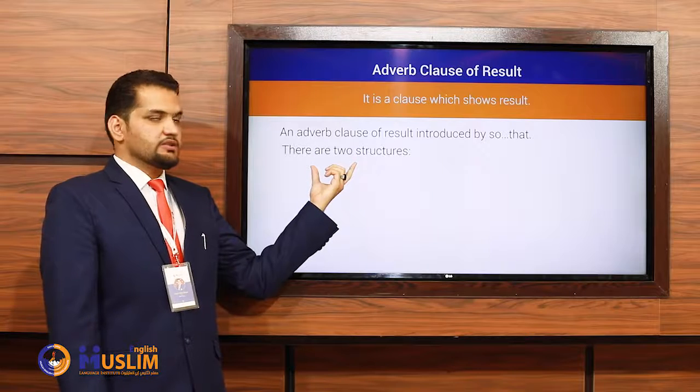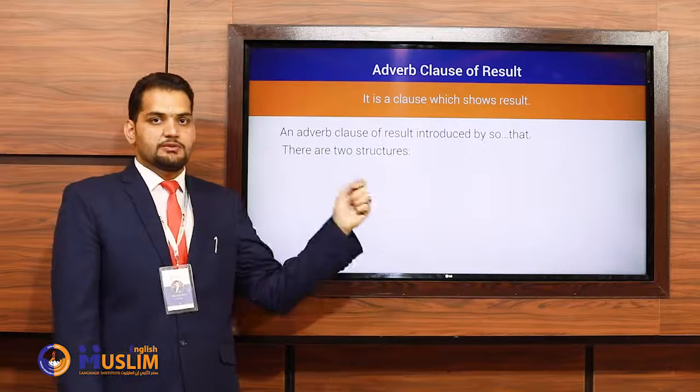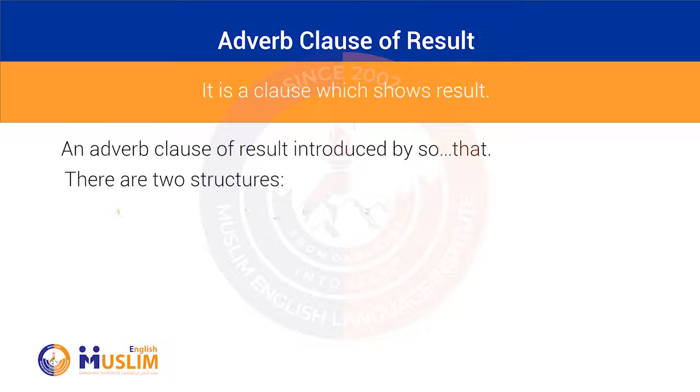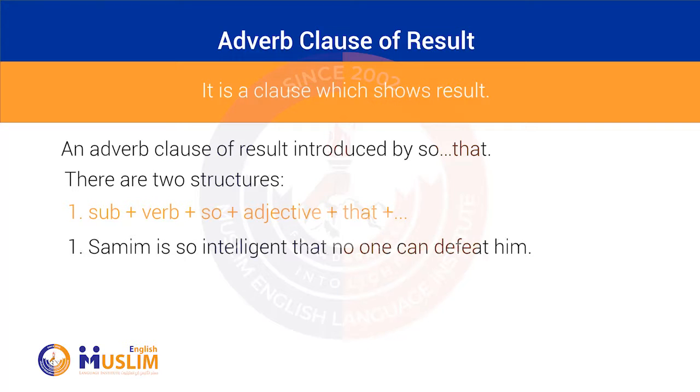There are 2 structures for an adverb clause which is introduced by so that. Number 1. Subject plus verb plus so plus adjective. An adjective is used between so and that, plus rest of the sentence. For example, number 1. Samim is so intelligent that no one can defeat him.